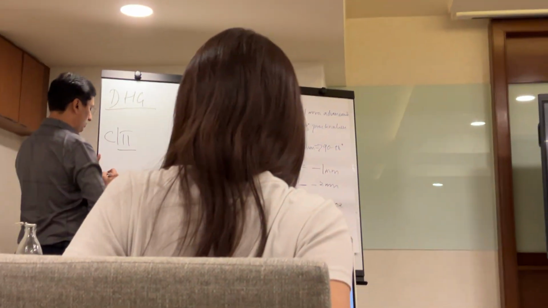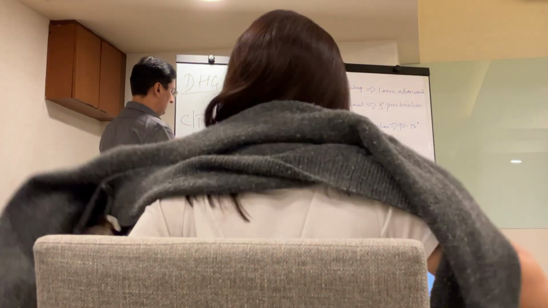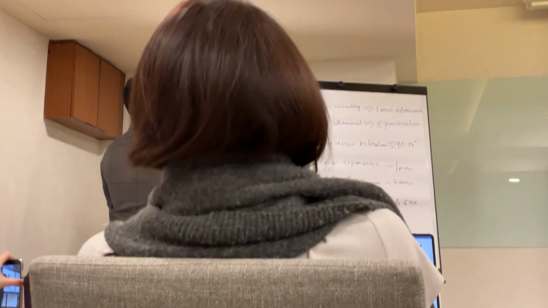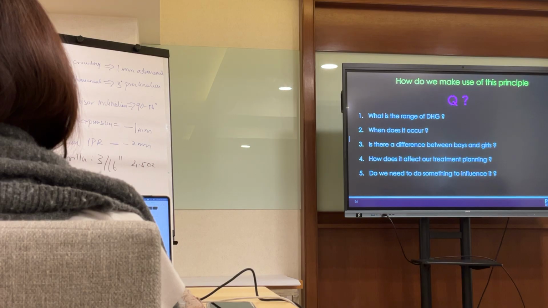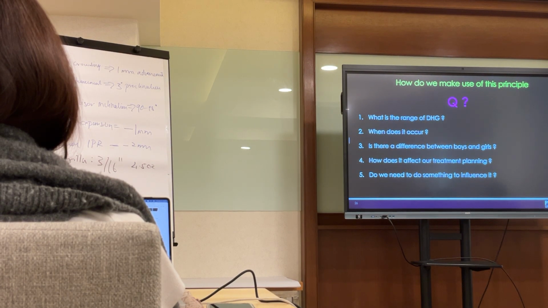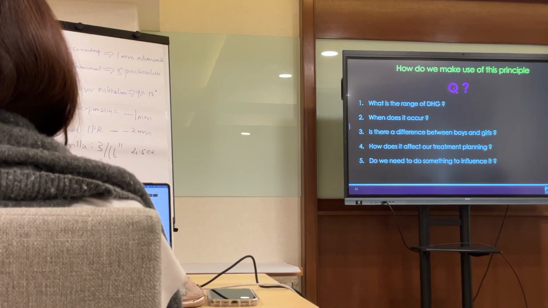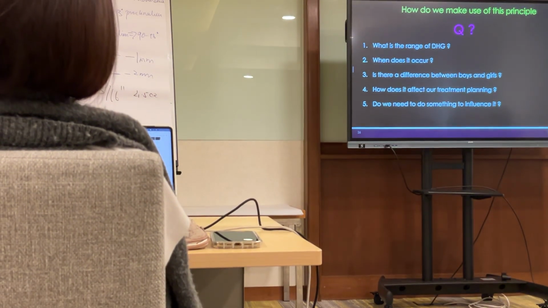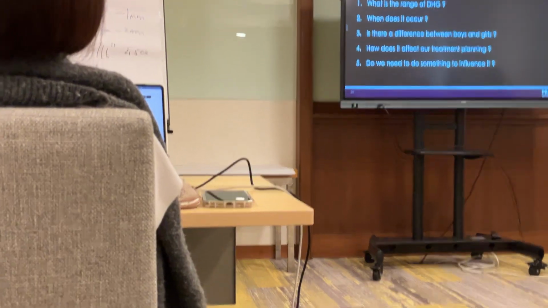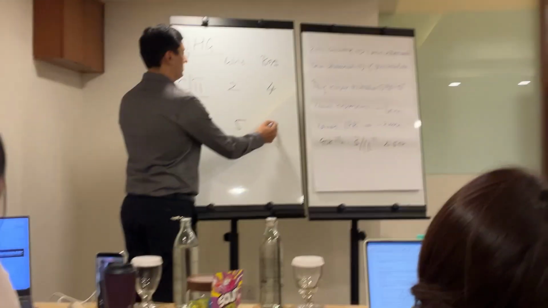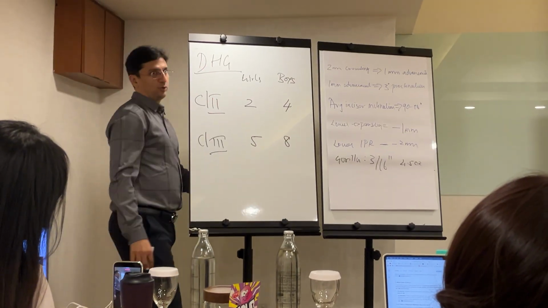In class 2 and class 3, girls and boys, the amount of differential horizontal growth in the estimated system is 2 millimeters for the girls, 4 millimeters for the boys. In class 3, 5 millimeters for the girls, 8 millimeters for the boys.